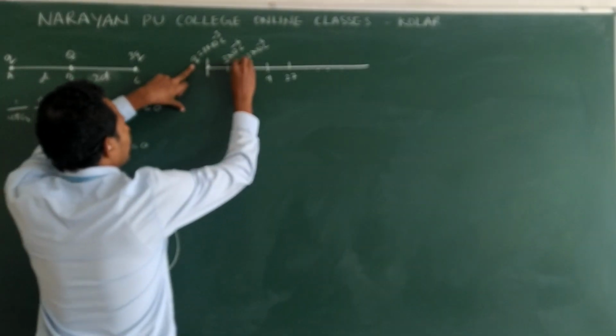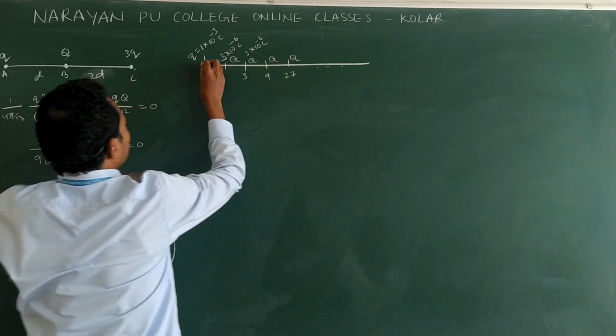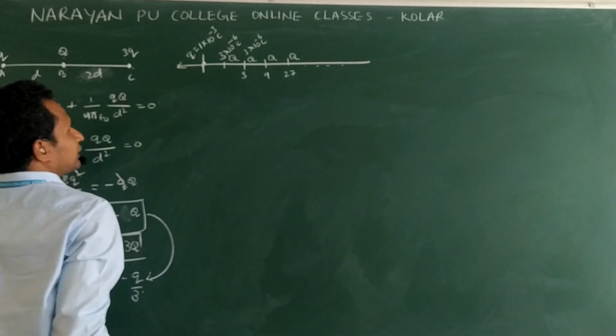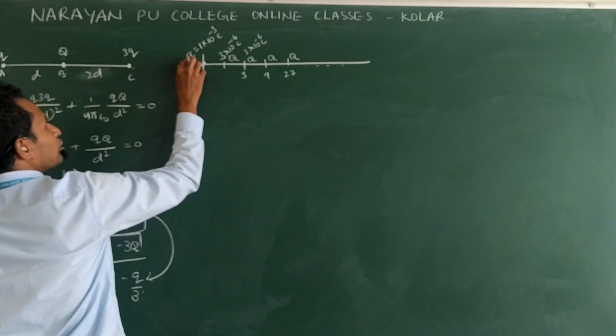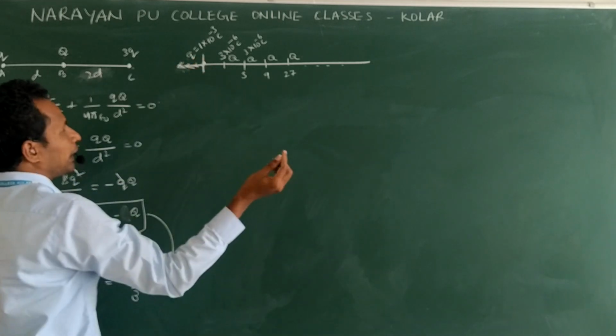Let us say you take it capital Q, capital Q, capital Q, capital Q. All are positive charges, all forces act in this direction, they experience repulsive force. This Q experiences repulsive force, all acting in the same direction, so you can add all the forces.